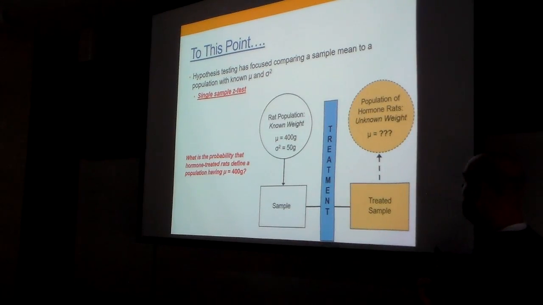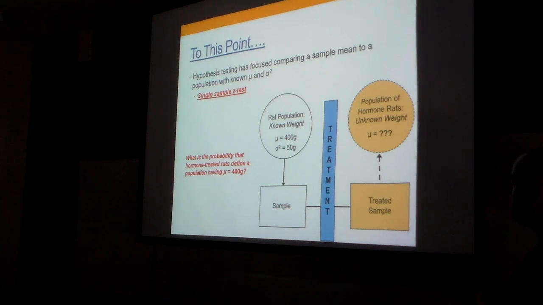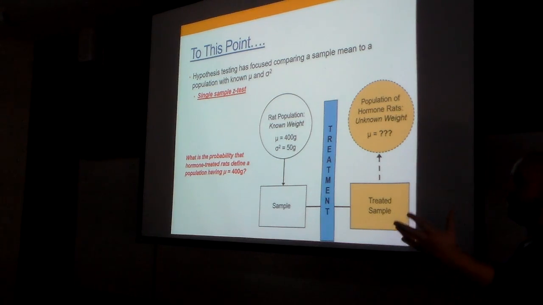As a reminder, let's say I know that the population of lab rats has a mean weight of 400 grams and a variance of 50 grams. I take a sample of these rats and then give them some sort of treatment, right? These are now representative of a different population, the hypothetical population of treated rats.